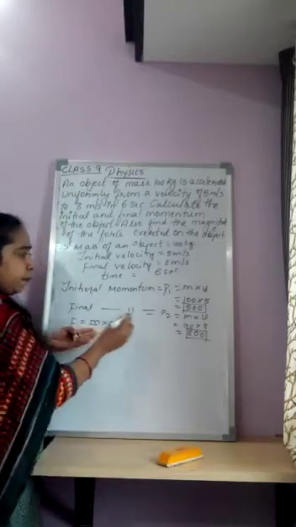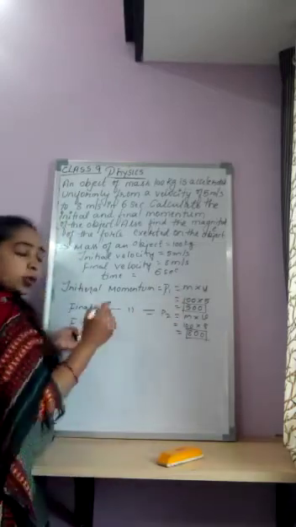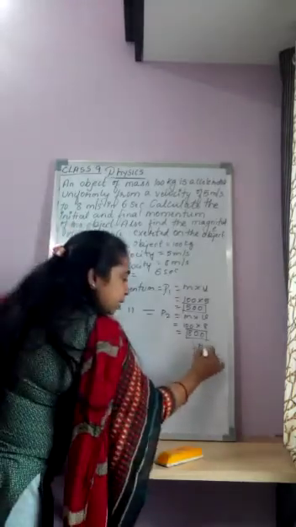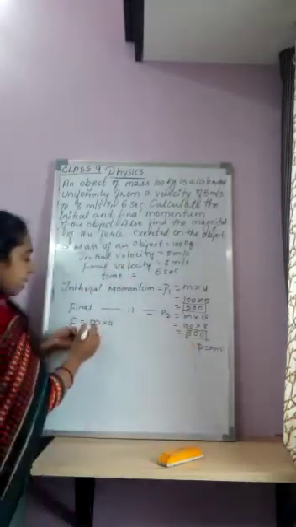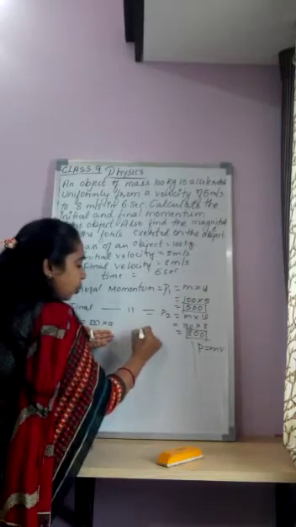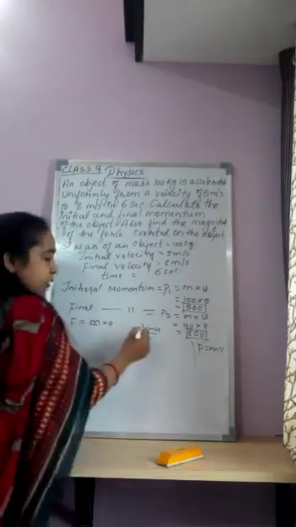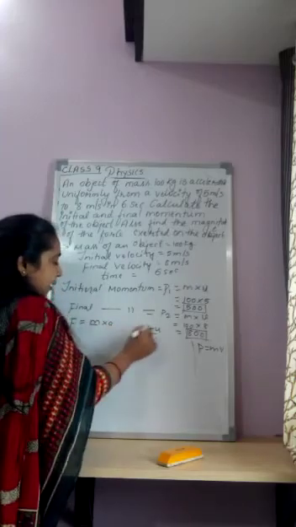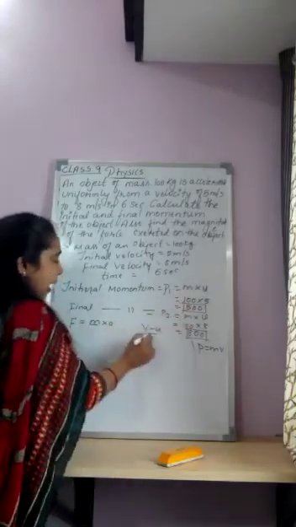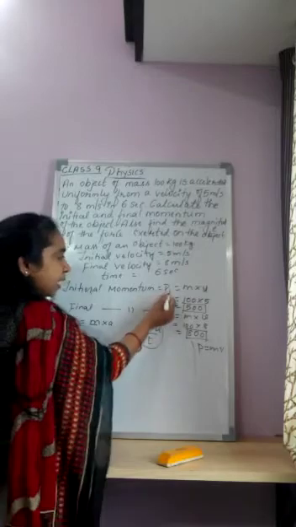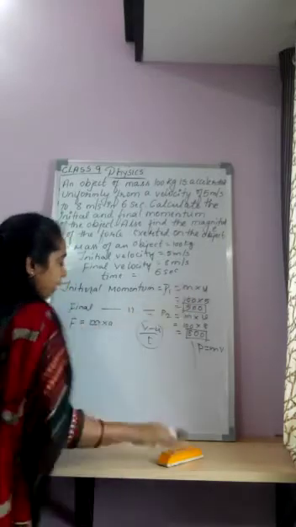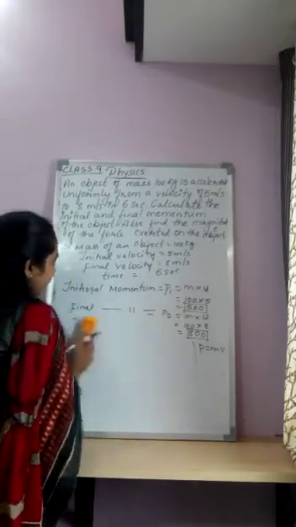M is there here. Here also m is there. So the other formula of momentum is P is equal to m into v. Okay, m is there. A is nothing but, you know the acceleration formula, v minus u divided by t. Okay, v minus u divided by t is nothing but what? I can replace this entire thing by P1, or you can write it as, I'll tell you.